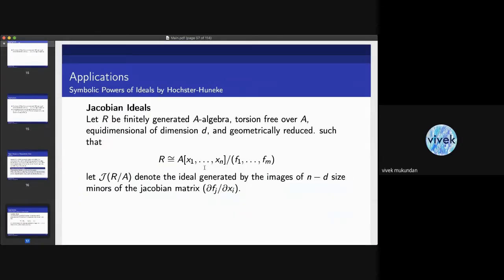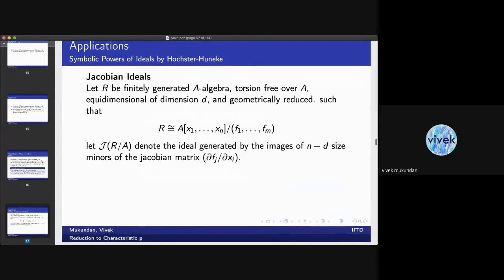Okay, so another definition you require is the Jacobian ideal. So R was a finitely generated A-algebra, torsion free over A, and A equidimensional of dimension d and geometrically reduced, such that R has a nice presentation like this. Then the Jacobian of R over A is the ideal generated by the images of the n minus d minors of the Jacobian matrix.